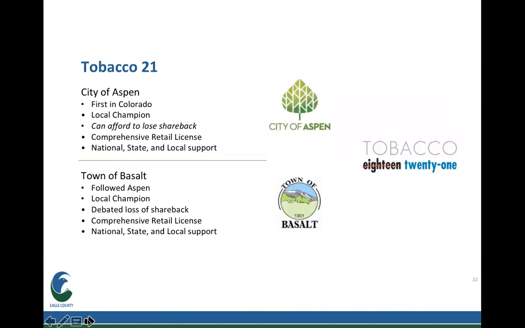Another piece that came up after Basalt passed their ordinance was this feeling that momentum was growing and that it would continue moving north along the highway, arriving at Glenwood Springs, which is one of our largest metro areas west of Denver. And it never seemed to.